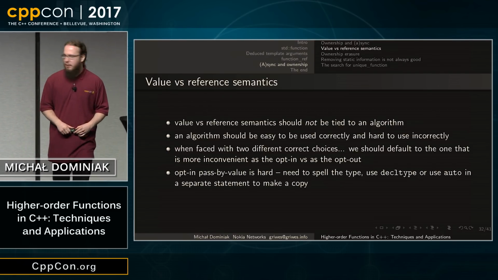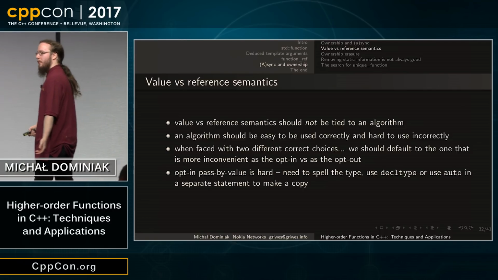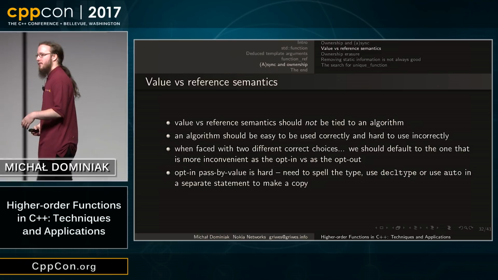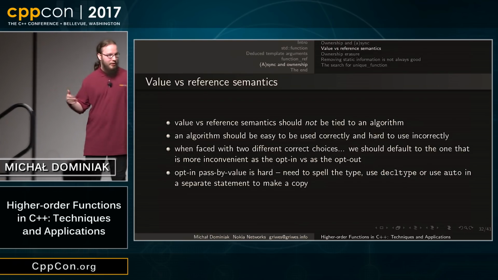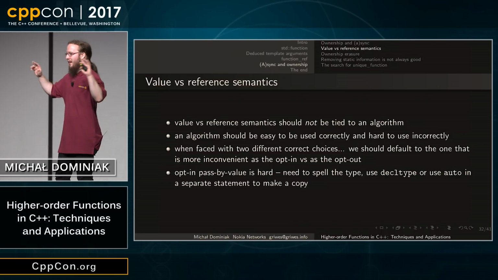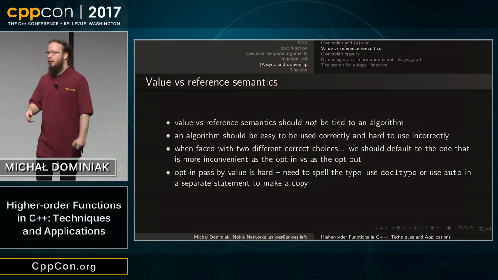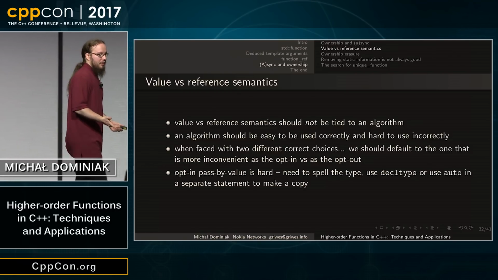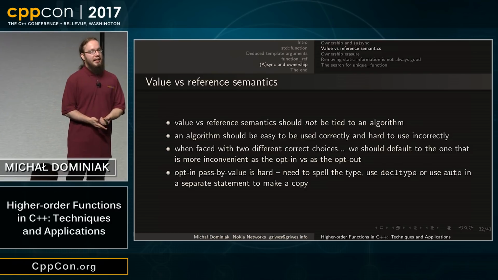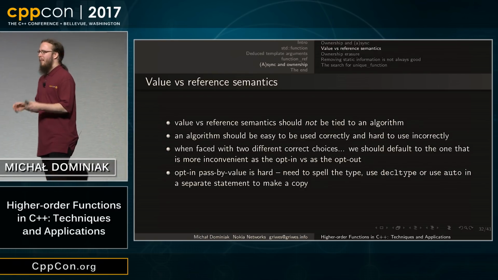So opt-in pass by value, that is, pass me a copy into this thing, and by default pass a reference, is harder, right? We saw that. It would be not much harder if we actually had the auto thing, or if we can pay for a copy function that's instantiated for everything. But generally speaking, you have to spell the name or use decltype to construct the thing, or use a macro.